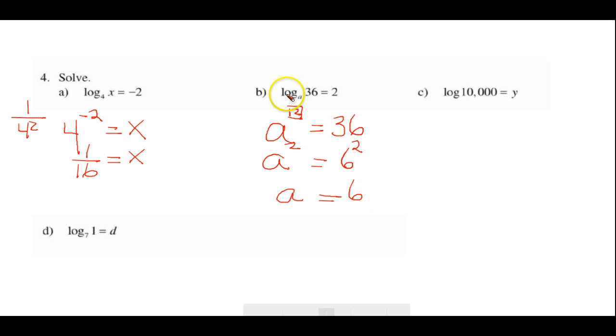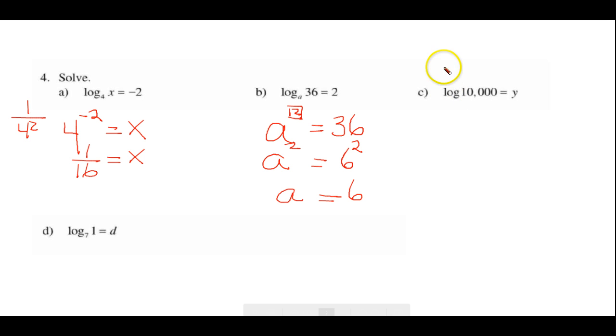So this tool was, when we converted it from logarithms to exponential equations, a to the second equals 36. We converted 36 to 6 to the second. Our exponents are now the same, so our bases must equal each other.